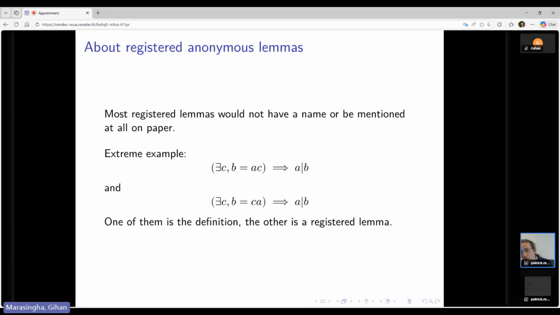One of those two lines is the definition of a divides b in MathLib, and I don't know which one, but I know that I registered the other one as an anonymous lemma. So if the goal of the exercise is to prove a divides b, and the students say it's enough to prove there exists c so that b equals c times a, or they say because b equals 2 times a, a divides b, it works. And if they say because b equals a times 2, we conclude that a divides b, it also works.